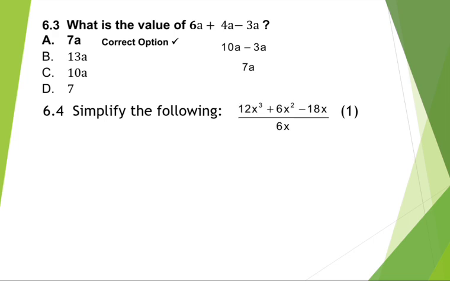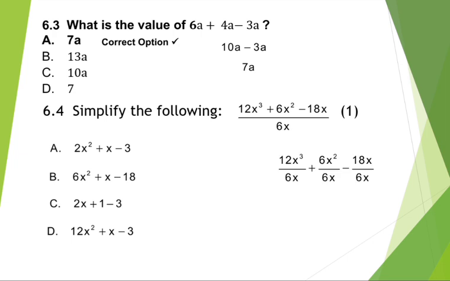Simplify the following: 12x cubed plus 6x squared minus 18x, divided by 6x. So those are the answers. Let's show now.